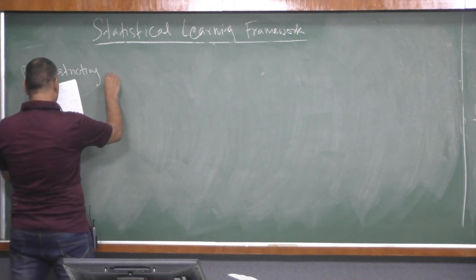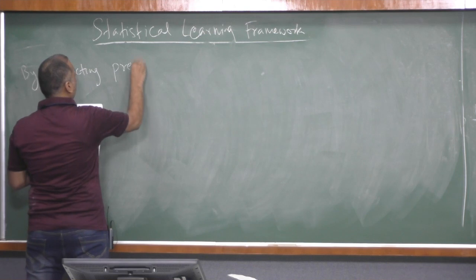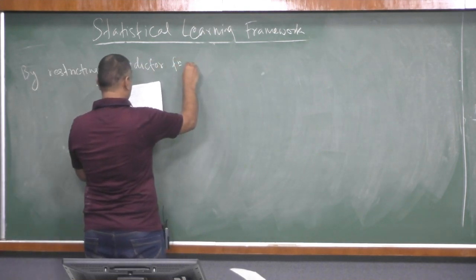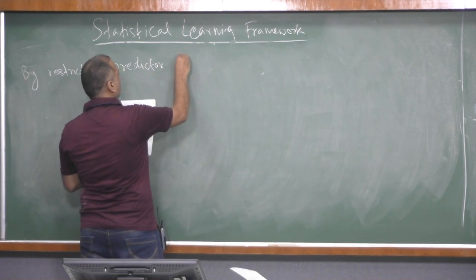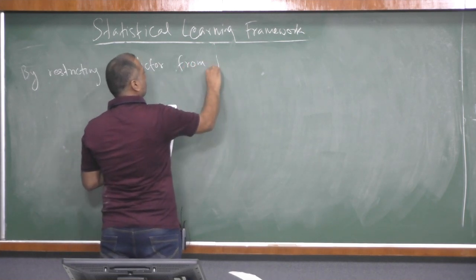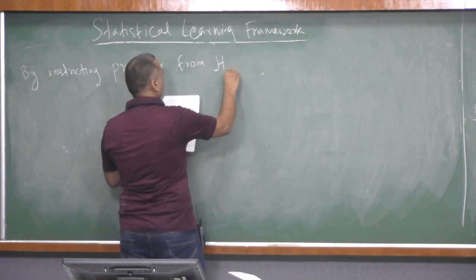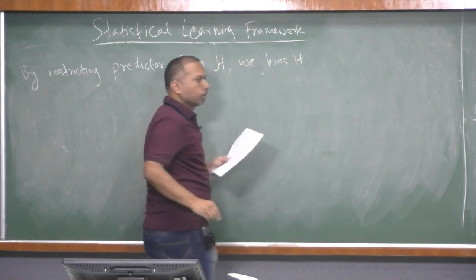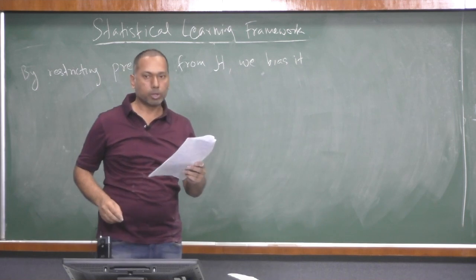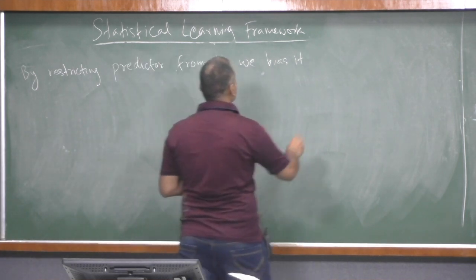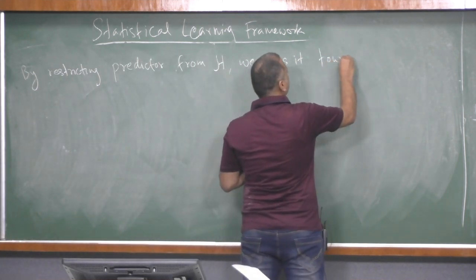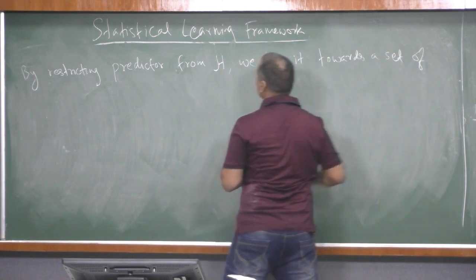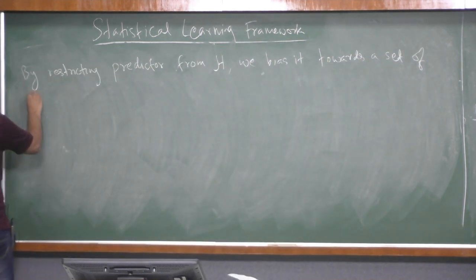By restricting the predictor to H, we bias it towards a set of predictors.